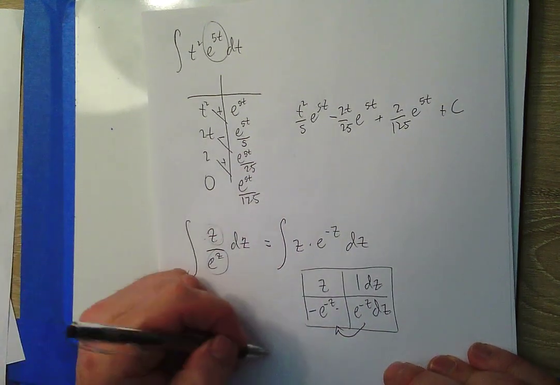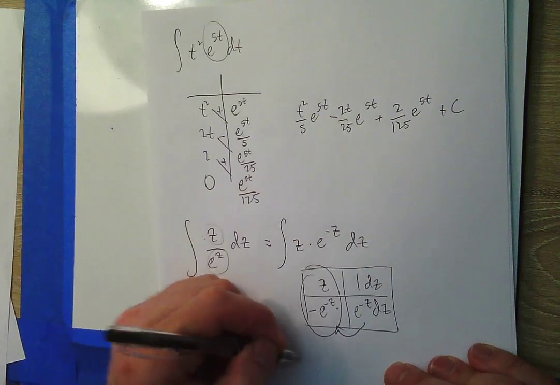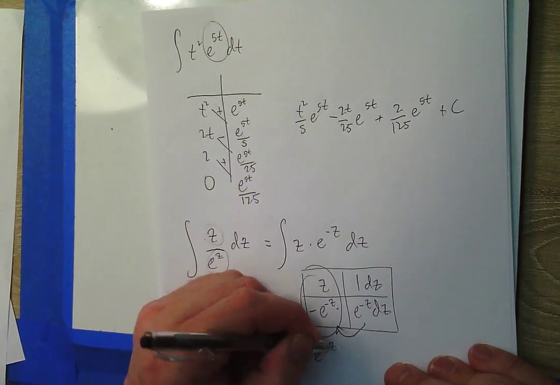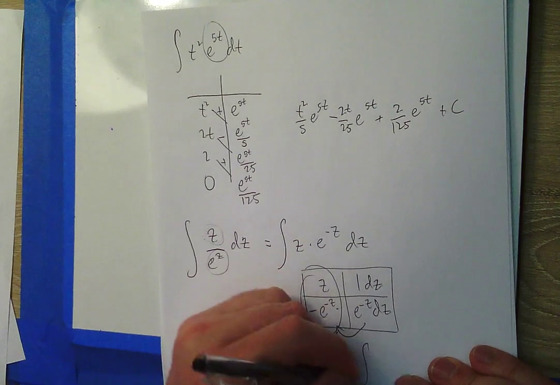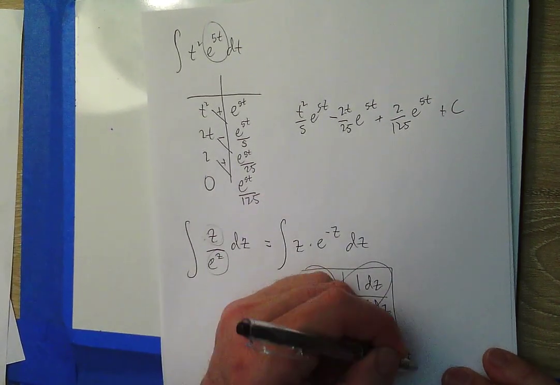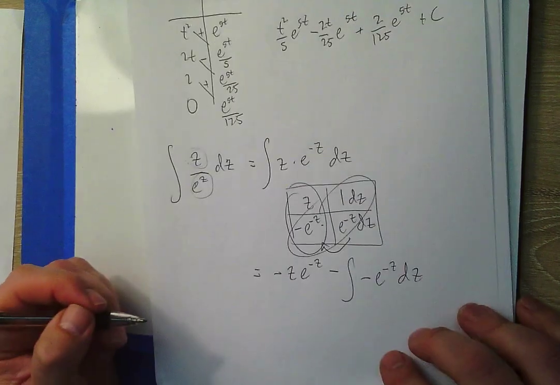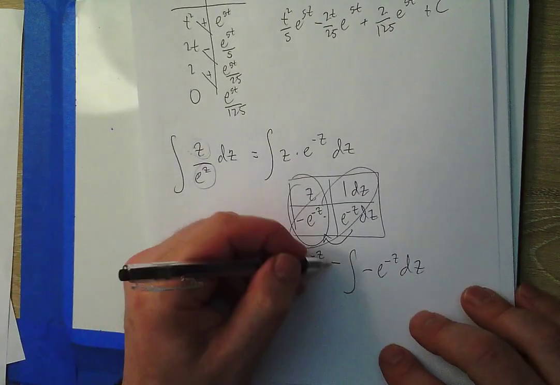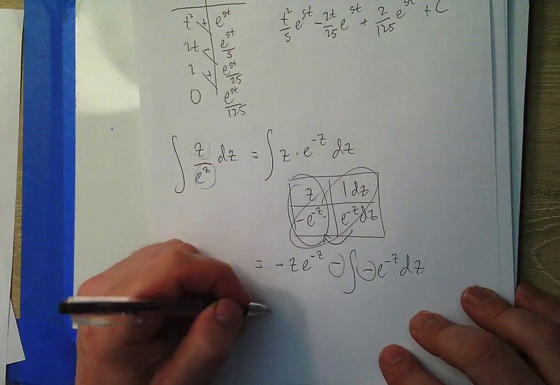So my antiderivative then will be this times this, negative z e to the minus z, minus the integral of this times this, negative e to the negative z dz. So what will that be? Well, minus times minus is plus.